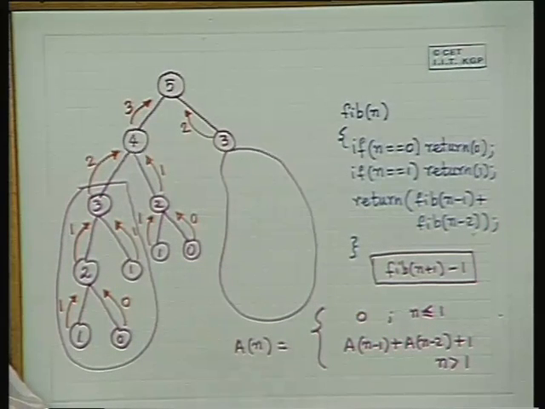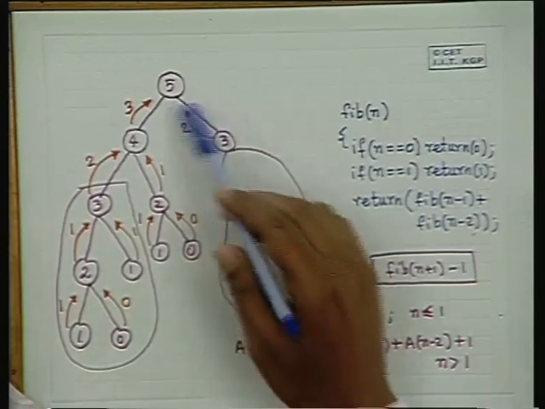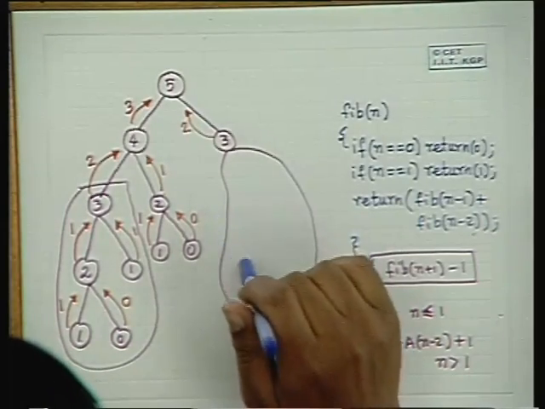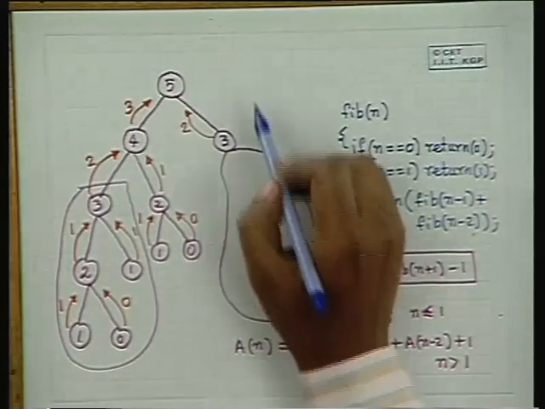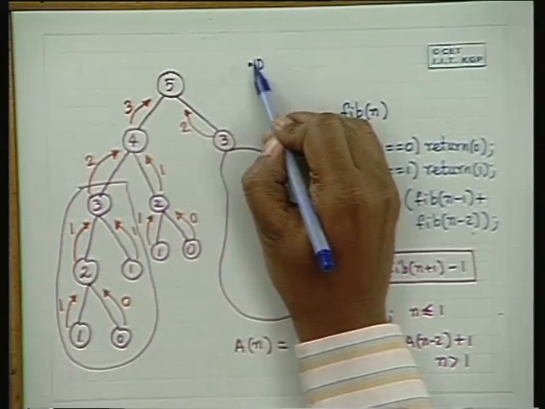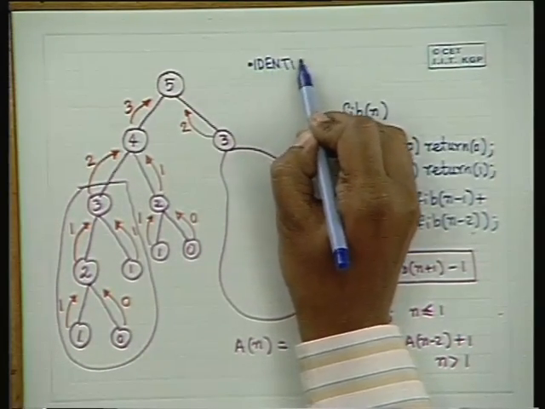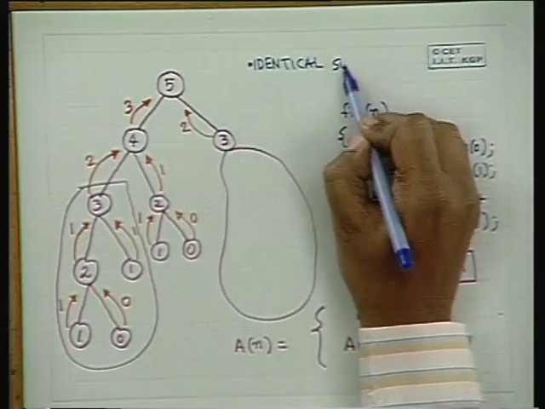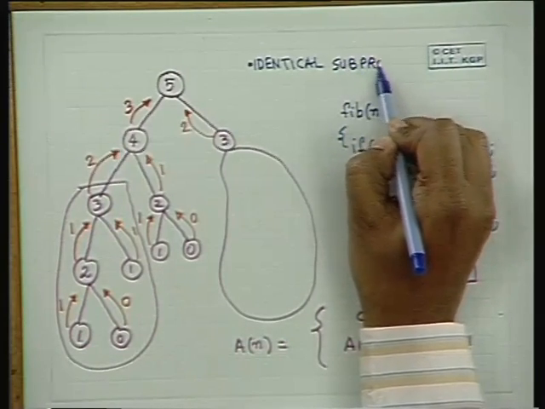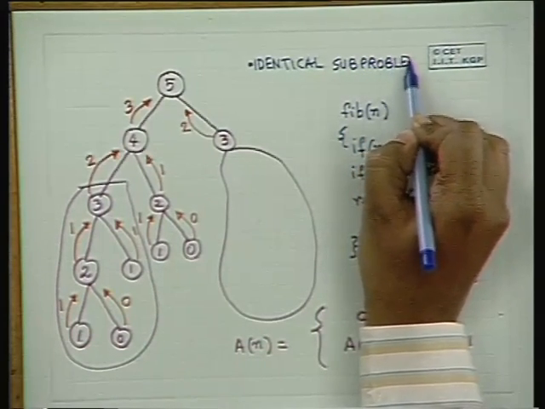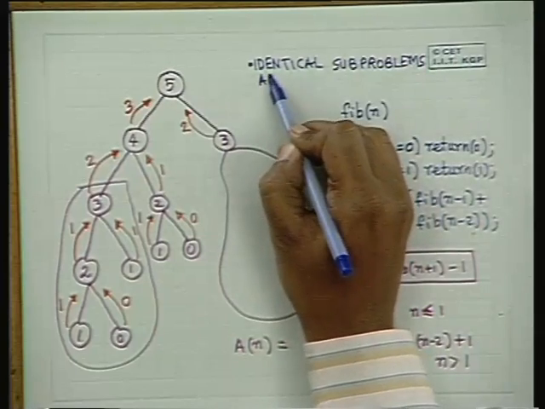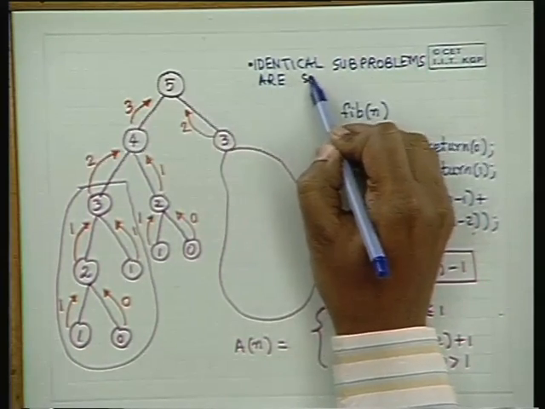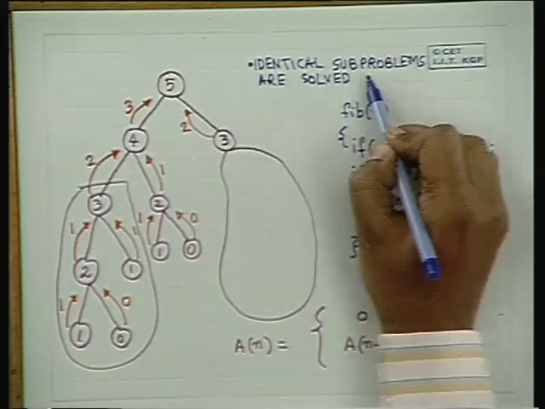Now, in order to analyze why this algorithm does not work polynomially, if you open this structure, the first thing that you will notice is that identical subproblems are solved repeatedly.